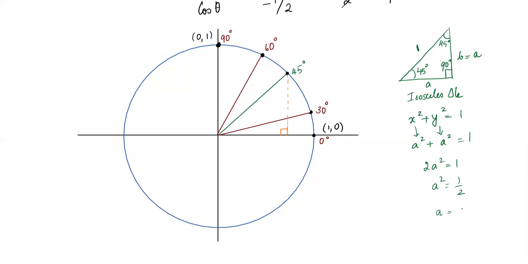So a is plus or minus the square root of half, but because we're looking at the first quadrant, this must be a positive 1 over root 2.